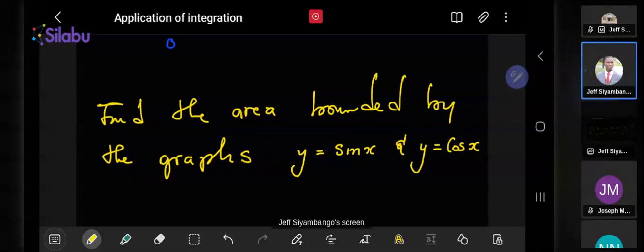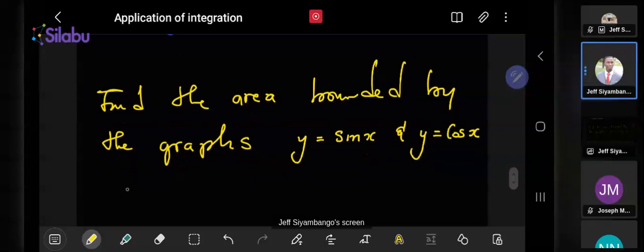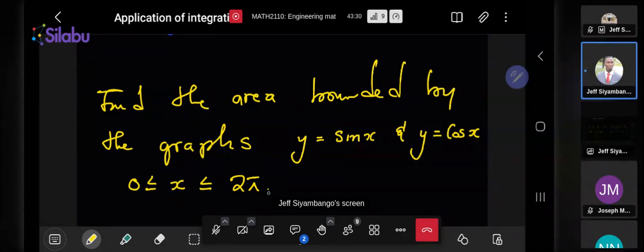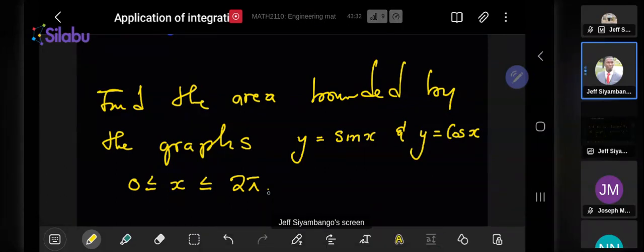And then I'll say for 0 is less or equal to x, which is less or equal to, we can go up to 2 pi. Yeah. So let's take that to be the solution set.